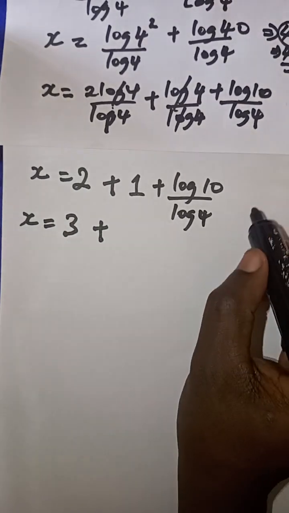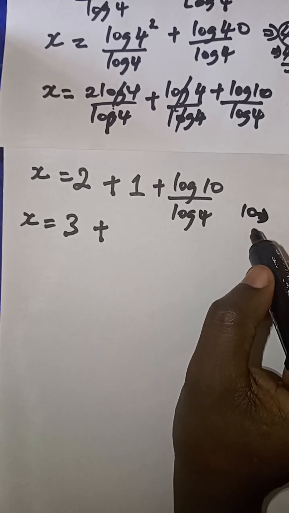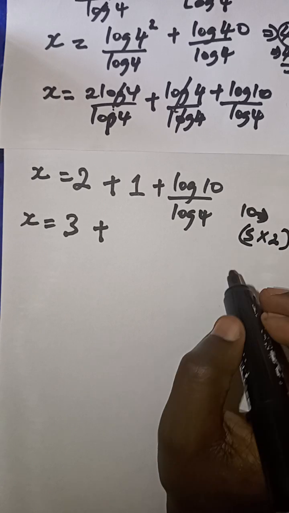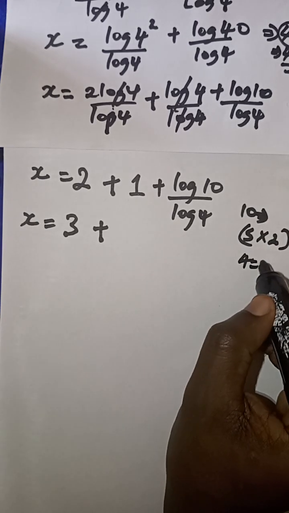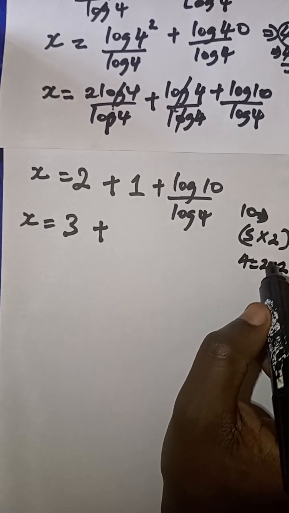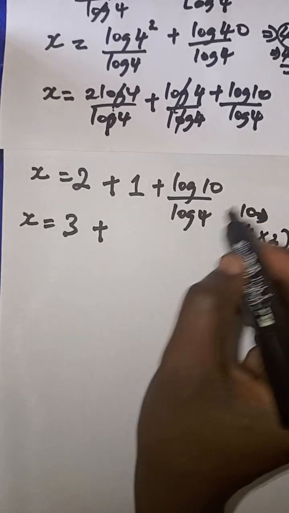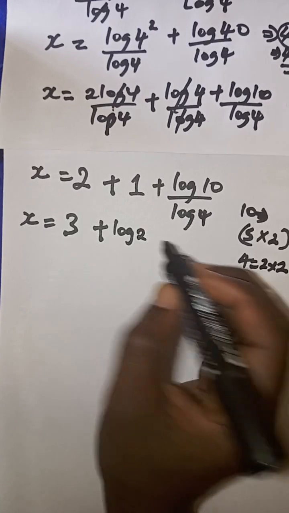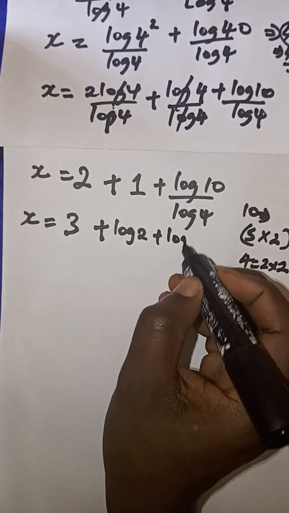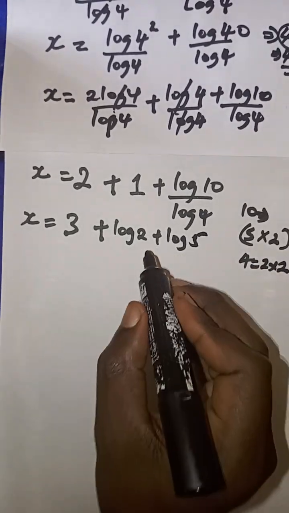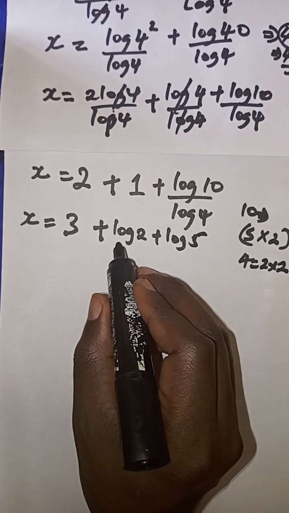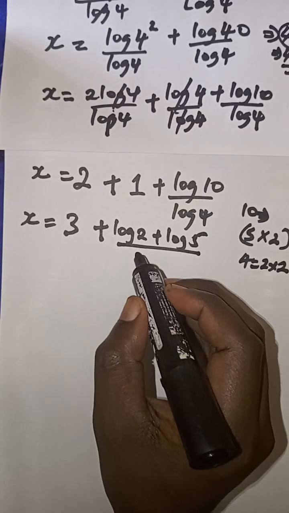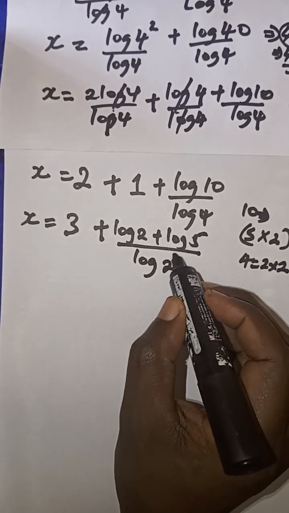plus, I know 10 can be written as 5 times 2, and also 4 can be written as 2 times 2. So applying that at this particular point, I'm going to get the log of 2 plus the log of 5 divided by the log of 2 squared.